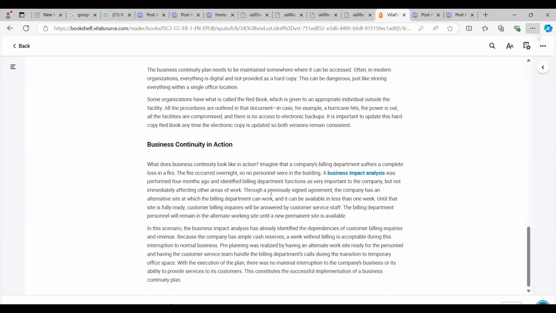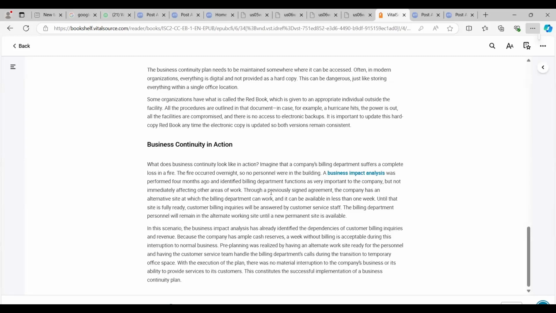Through a previously signed agreement, the company has an alternative site at which the billing department can work, and it can be available in less than 1 week. Until that site is fully ready, customer billing inquiries will be answered by customer service staff. The billing department personnel will remain in the alternate working site until a new permanent site is available. So they will go to the alternative site while trying to put their primary site up again.